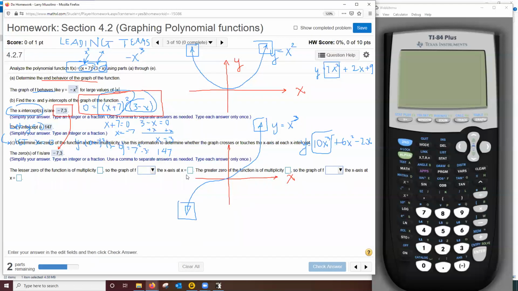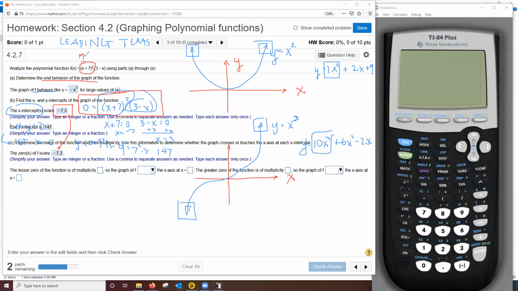All right, so now they're asking me about multiplicity. Remember, multiplicity is based on the exponent that shows up in the factored form. So if I come back to this original function, I'm noticing that this first parenthesis has a multiplicity of 2 because the exponent is 2.